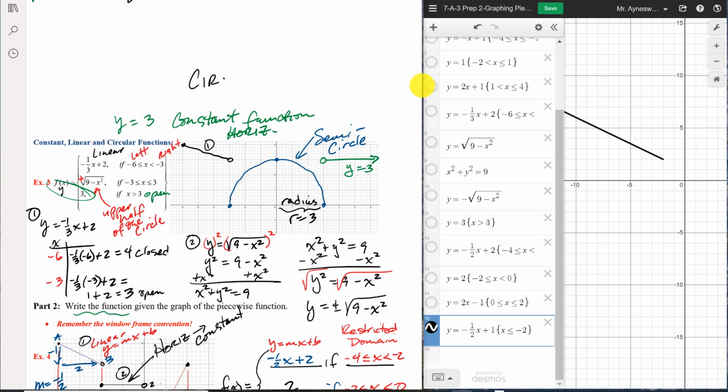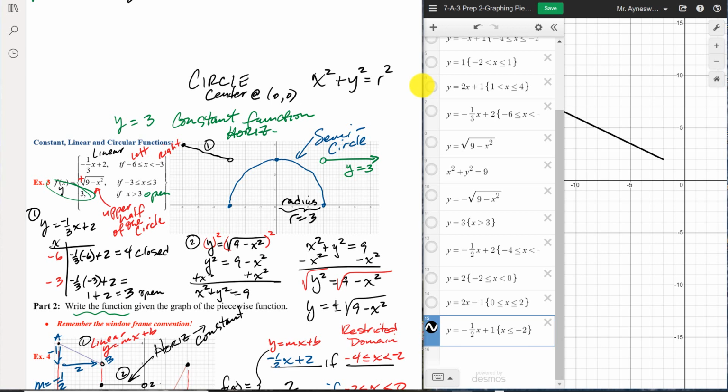So circles with center at the origin look like this: x squared plus y squared is equal to r squared, where r is the radius.